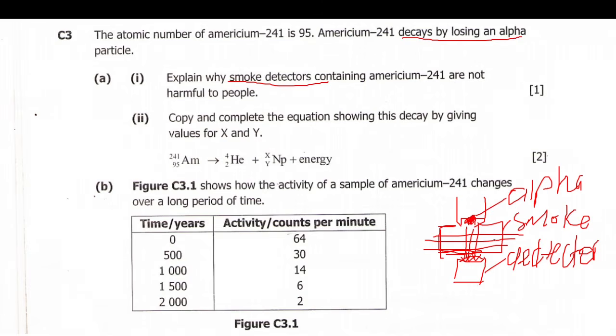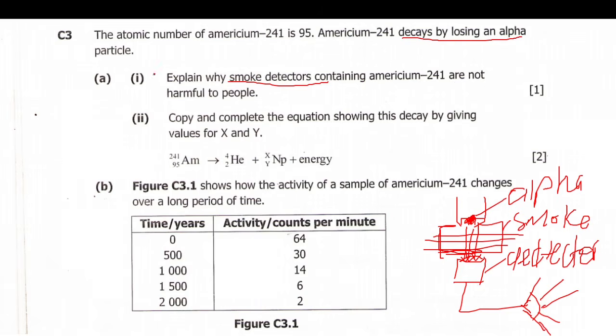So when the smoke blocks the alpha particles from reaching the detector, this is going to trigger an alarm. So there will be an alarm here in the form of a speaker that is going to produce sound. So that sound is going to alert the people that this building is about to catch fire. So that's how a smoke detector works.